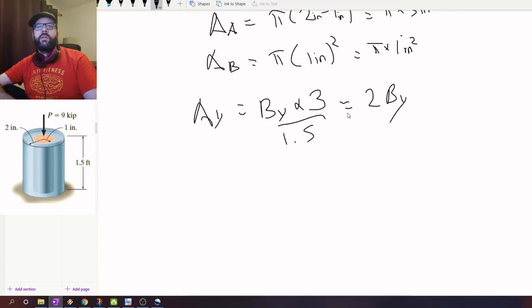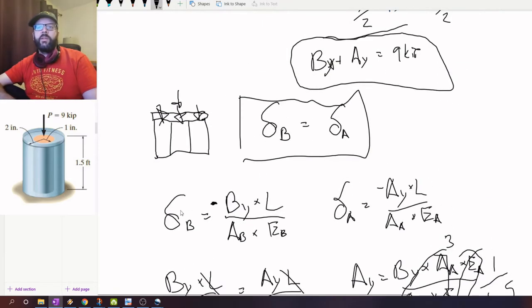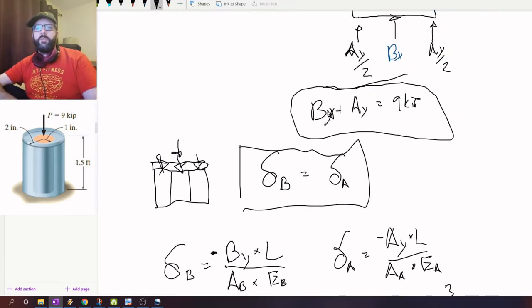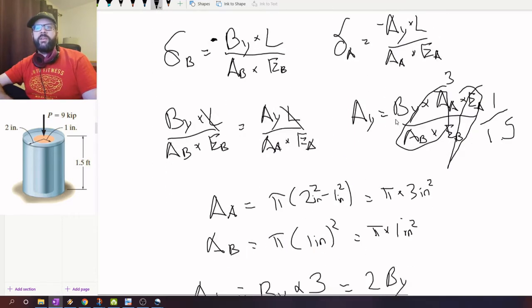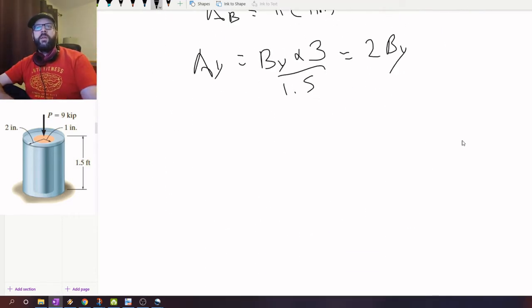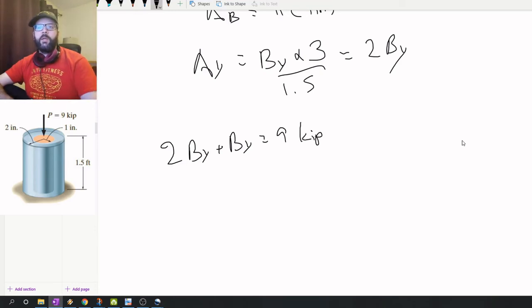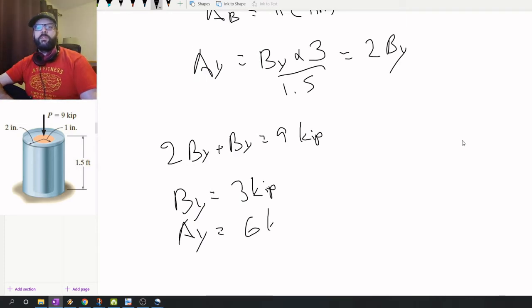So AY is equal to 2BY, and we still have our BY plus AY is equal to 9 kip. So 2BY plus BY is equal to 9 kip, which means that BY is going to be equal to 3 kip, and AY is equal to 6 kip.